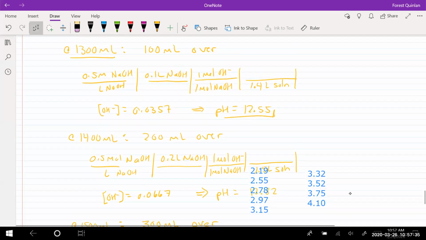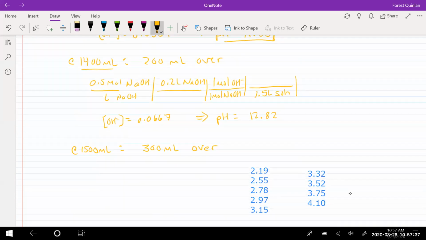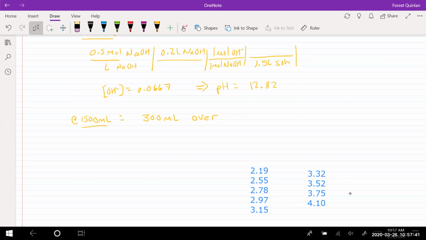This should be basically busy work at this point, but I'm going to go ahead and finish the busy work. 0.5 moles of sodium hydroxide per liter of sodium hydroxide. 0.3 liters now of sodium hydroxide. And again, our 1-to-1 ratio. I always like putting this just to keep reminding myself.